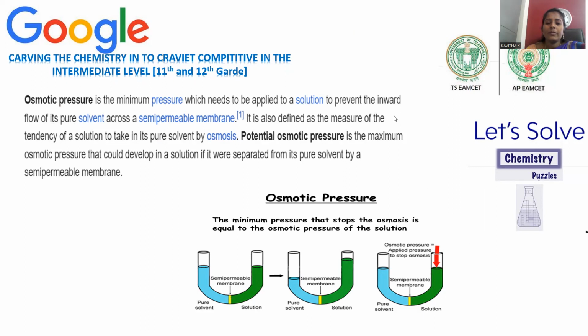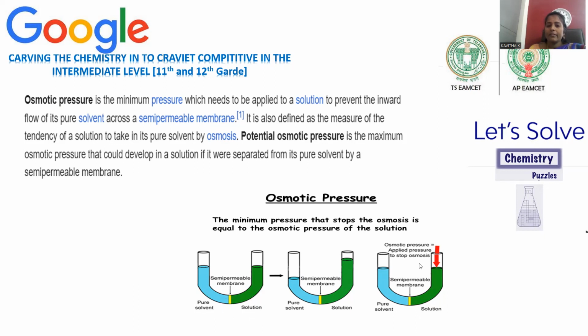Osmotic pressure is the minimum pressure applied towards the solution, used to prevent the flow of solvent into the pure solvent through the semi-permeable membrane. It will retard the movement of solvent flow, right? So that is the way solution molecules are not moving into solvent molecules by this osmotic pressure property.